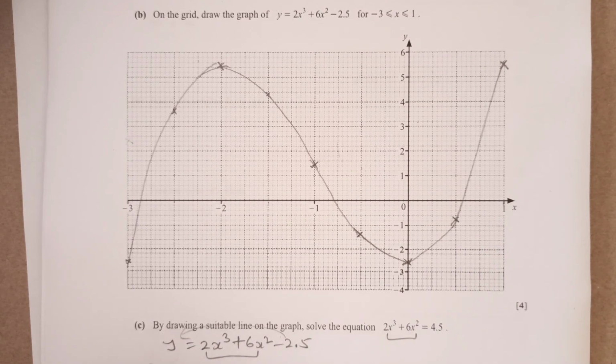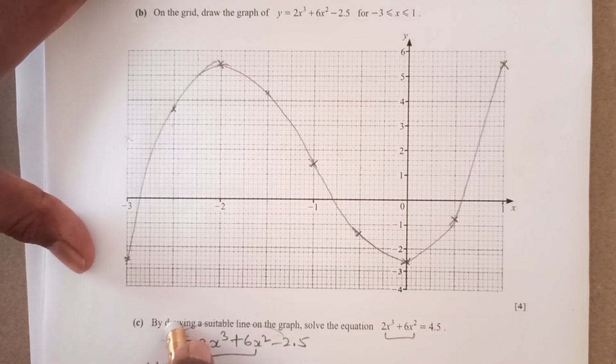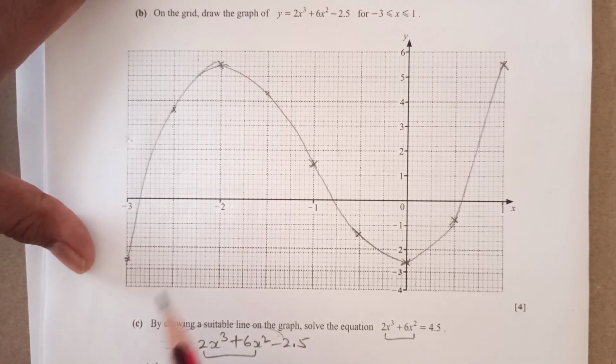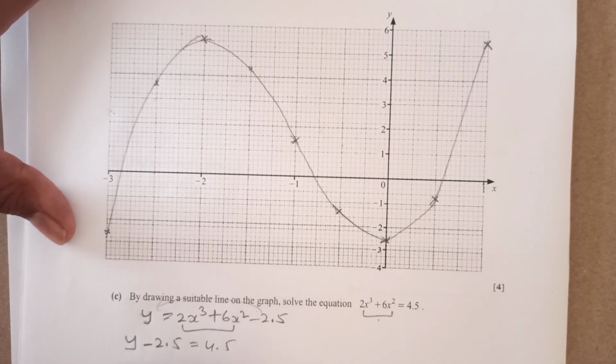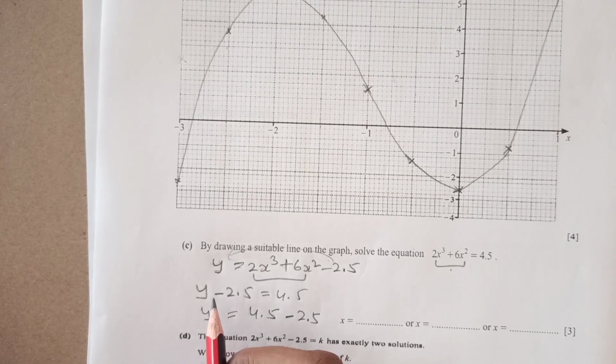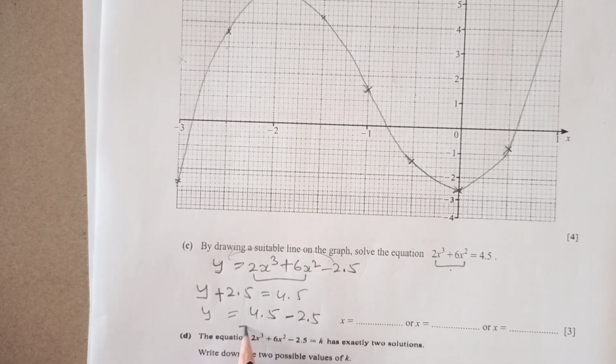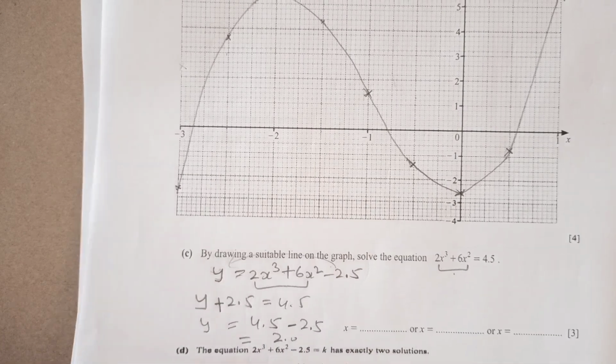So this will become y minus 2.5, and this is equal to 4.5. So that means y is equal to 4.5 minus 2.5, right? This is plus here, so that's how it will become negative. So this is 2. So y equals 2.